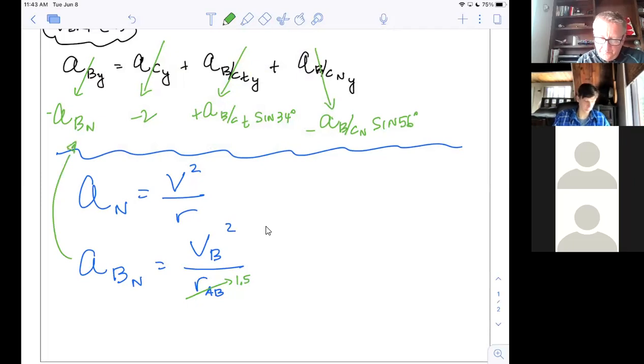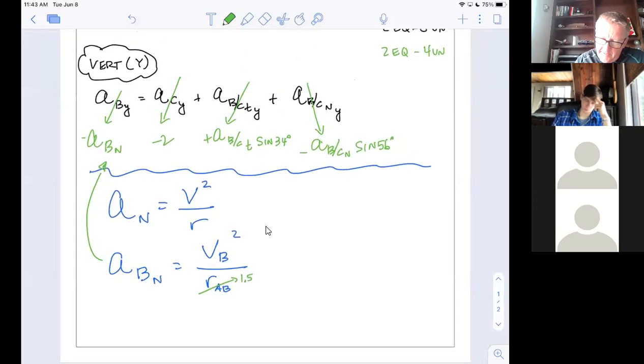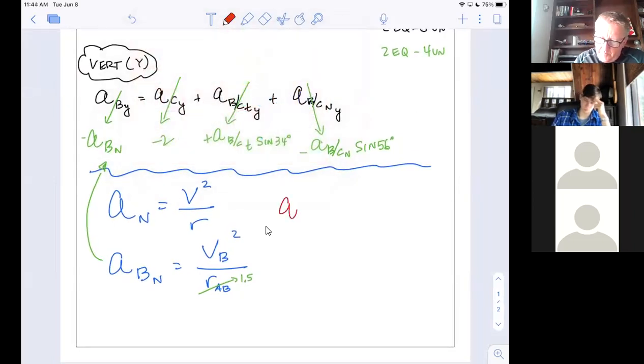That'll be cool. And then secondly, what about the acceleration of B with respect to C in the normal direction? Well, that's no different. It's the velocity of B with respect to C, then I will square it, and then I'll be dividing by the radius of B with respect to C, or the radius of BC.